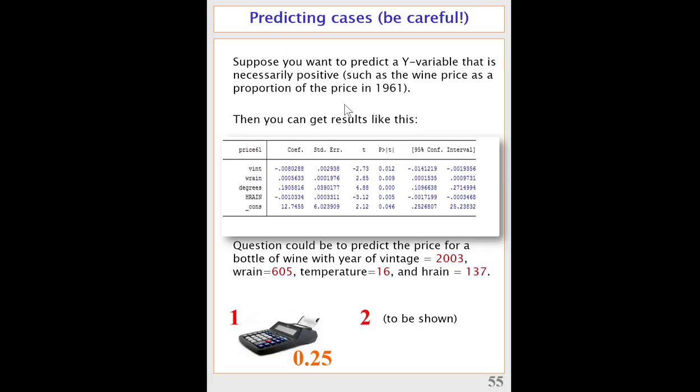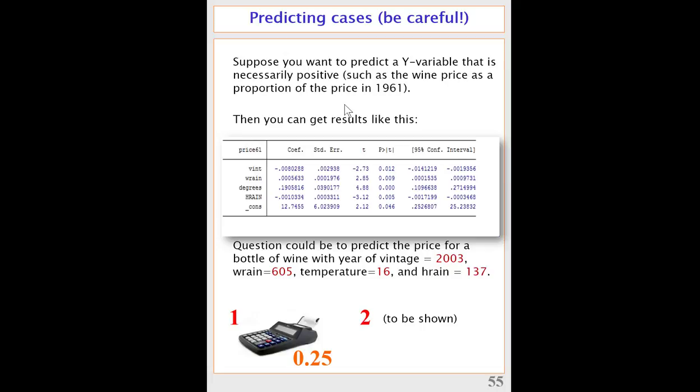One would be the tedious way, easiest to understand, but we wouldn't like to do it. And that is you type this by hand, you type in 12.7455 plus, and then 137 times minus 0.001034, and just fill out the whole equation, and in the end come up with a number. If you would do it, in this case, I did, then you end up with 0.25.